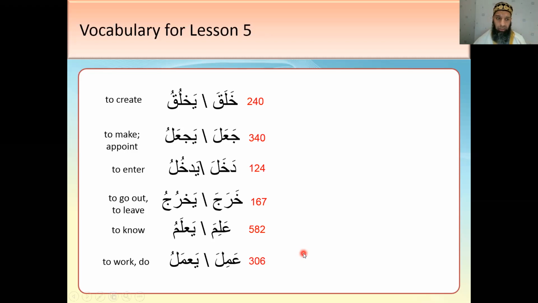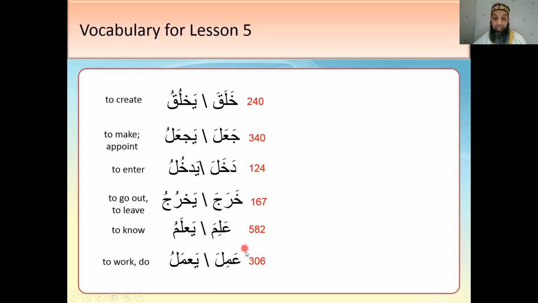Amal. And just a side point, which one comes in the dictionary first? Does alima come in the dictionary first or does amila? Which one comes first? The lam comes first or the meem comes first? Yes, alima comes first.